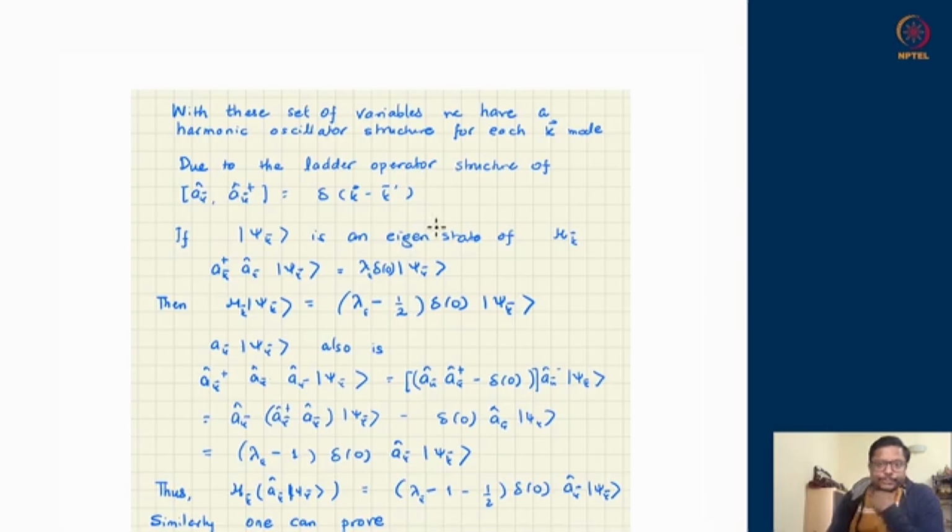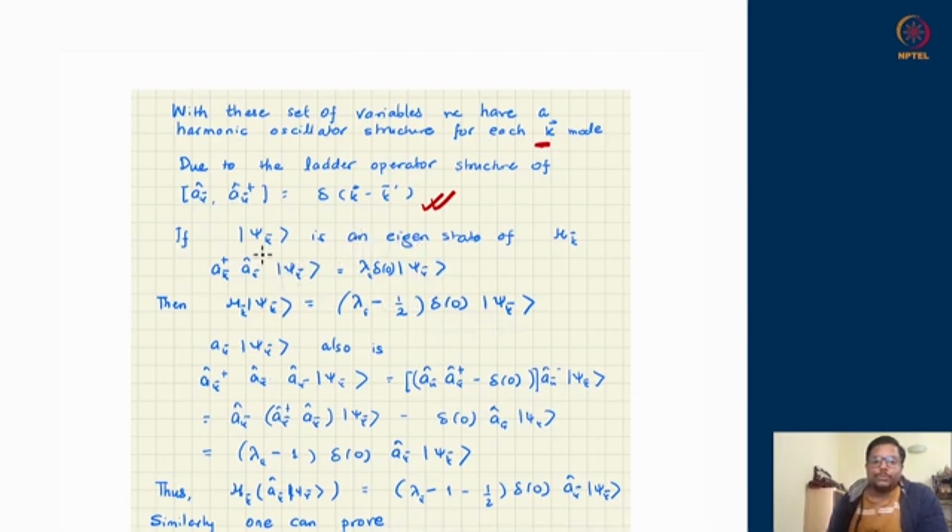So remember, we have a harmonic oscillator structure for each k mode, and we have a commutator structure just like an analog of an ordinary oscillator, with the delta function appearing this time rather than a Kronecker delta.